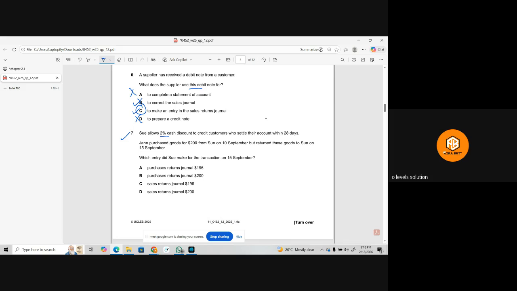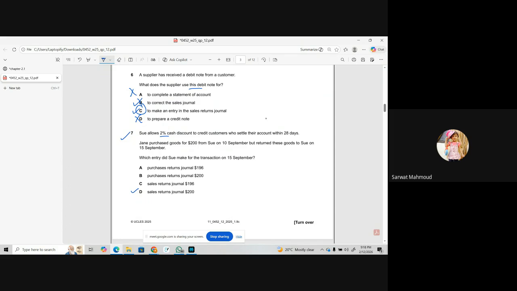A and B are not correct because the purchases return journal is used by the buyer, not by Sue. And C is also not correct because $196 includes discount. Discount does not apply on the returns. So that's why D option is the right option.